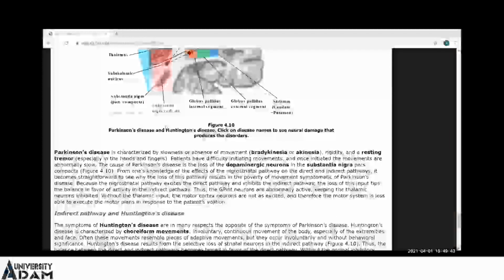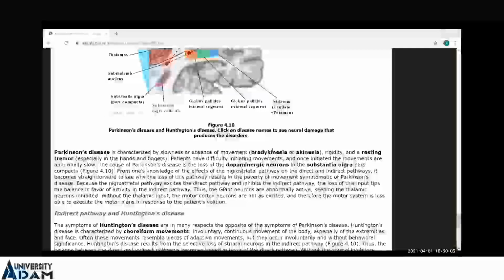From one's knowledge of the effects of the nigrostriatal pathway on the direct and indirect pathways, it becomes straightforward to see why the loss of this pathway results in the poverty of movement symptomatic of Parkinson's disease, okay? Because the nigrostriatal pathway excites the direct pathway and inhibits the indirect pathway, the loss of this input tips the balance in favor of activity in the indirect pathway.